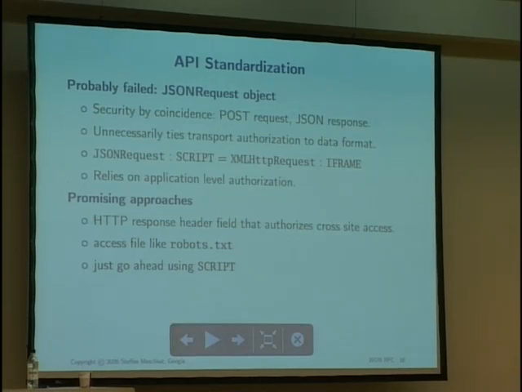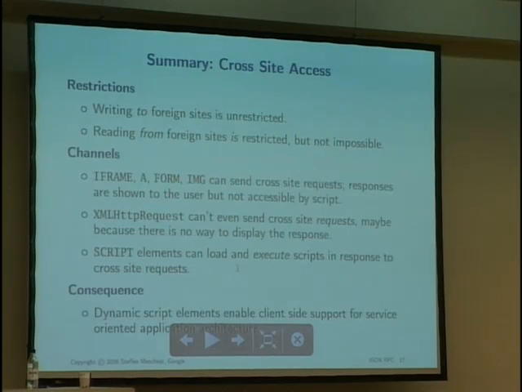Other promising proposals suggest modifying the HTTP response and adding an HTTP response header field, or doing something like what robots.txt does for spiders, for JSON requests. My proposal is, since it works so well, works in all browsers and is really simple to implement, just to go ahead and do what already works and use script. But we can expect something in that direction, probably.